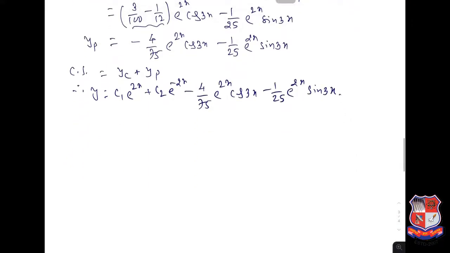Let us solve one more example. Solve by using variation of parameters.